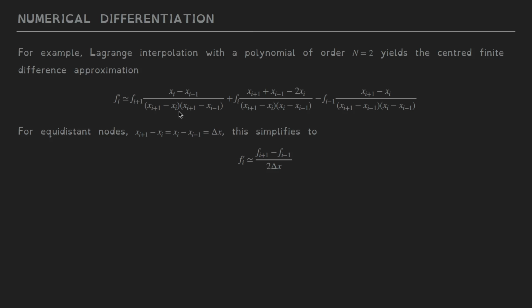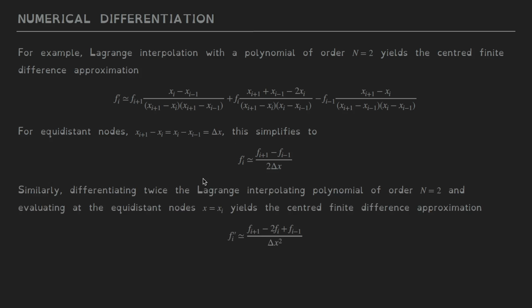In the special case where the nodes are equidistant and the spacing is delta x, this expression simplifies considerably, and you see that it's simply the slope: f i plus 1 minus f i minus 1 divided by 2 delta x, which is the spacing between those 2 points, and the contribution from the middle point drops out for an equidistant grid.